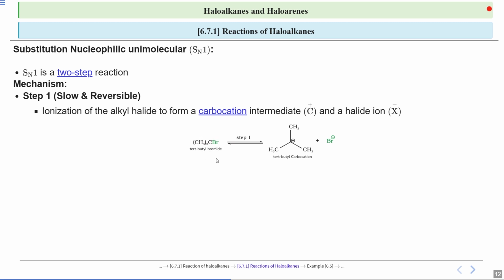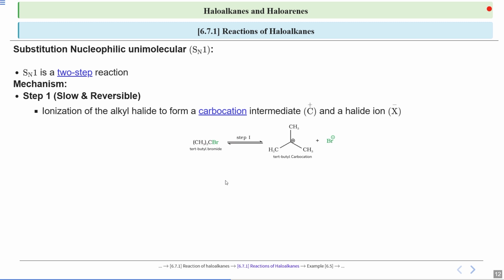Step 1 is a slow step, and it includes the formation of the carbocation after the removal of the halide ion. You get a tertiary butyl carbocation, where the central carbon has a positive charge and is attached to 3 methyl groups, and also a bromide ion, a halide ion.